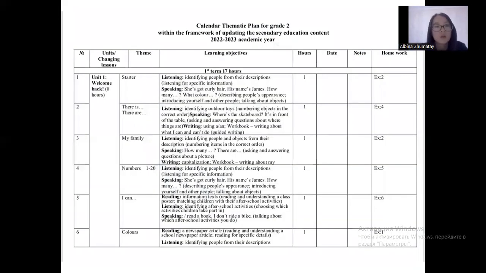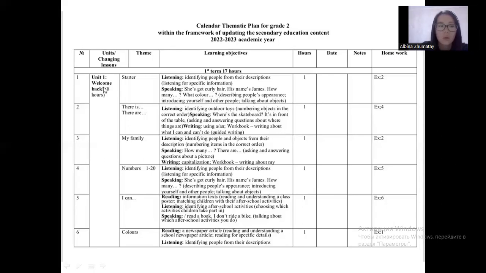Here, as you can see, the curriculum. I will not explain what it is because I guess you know about it. Here you can see unit 1, called Welcome Back. The first topic is the starter. The themes are my family, numbers from 1 to 20, I can, and colors, and so on.